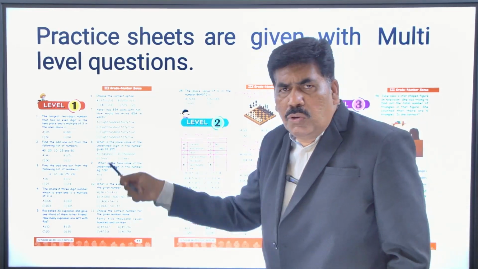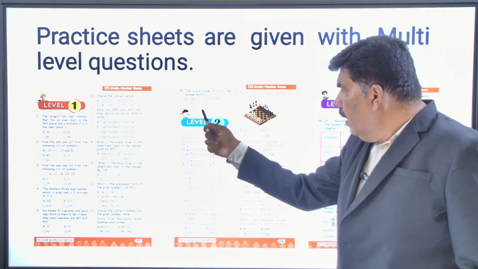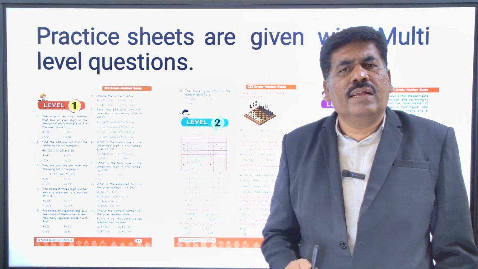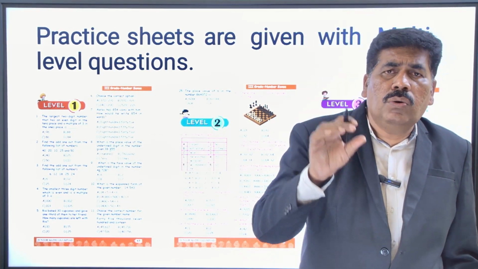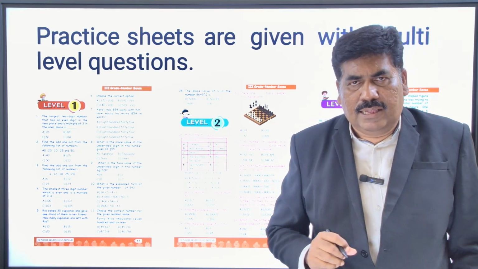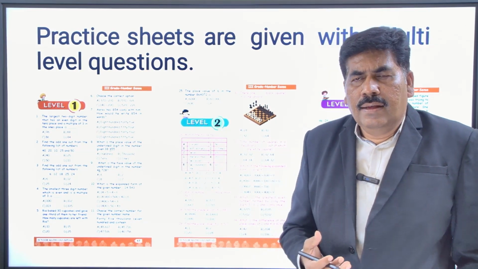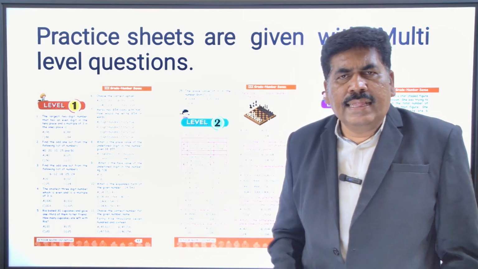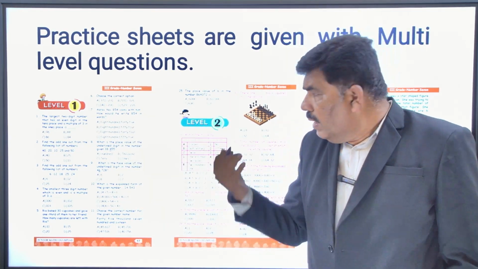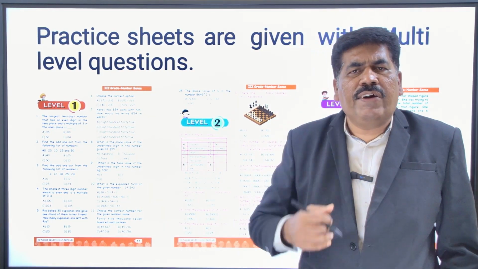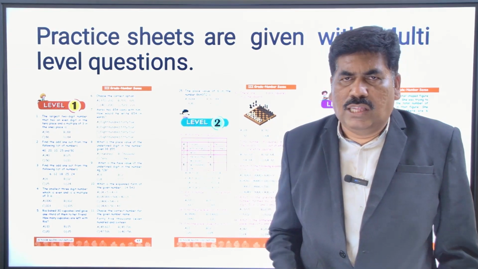Level 1 as an individual, level 2 as a team. Like that, they need to self-evaluate themselves. By that, they will find the class more interesting, and they can know their strengths and weaknesses. Even as a teacher, we too can identify the loopholes.